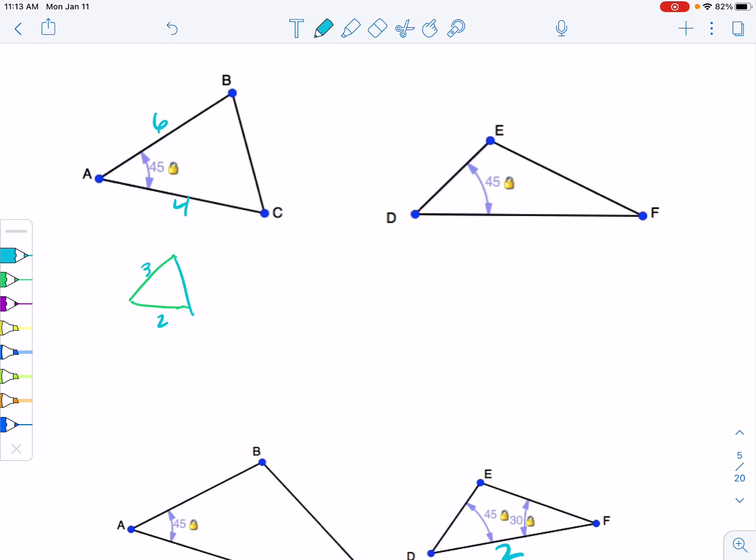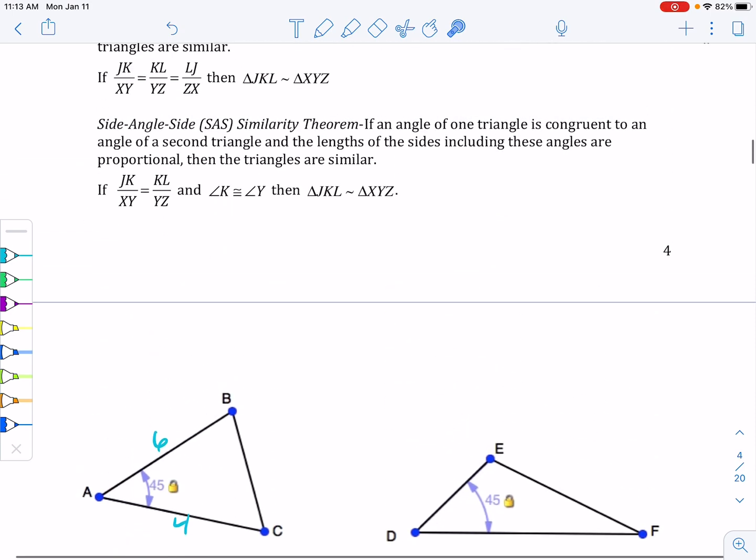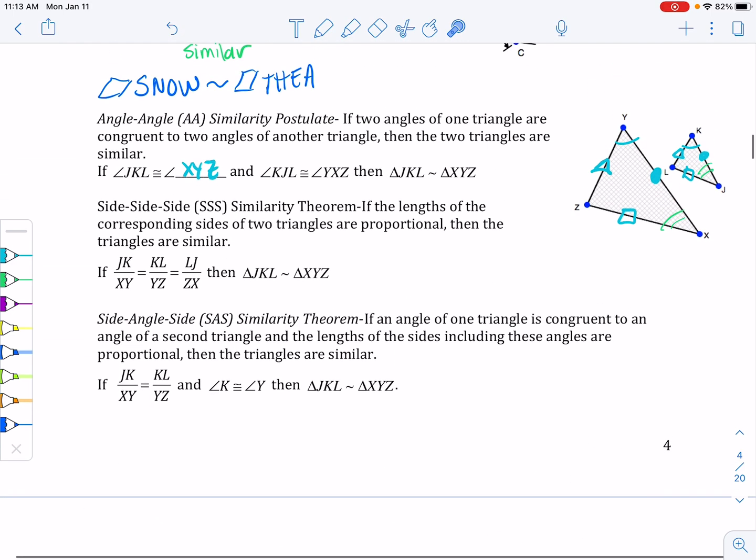Then I'll create a triangle that looks similar to this one where the sides are matching to be proportional, and then you've got an angle in between them that is the same. That will force it to be the same shape but a different size. So same kind of thing that you have here, you only have 2 of the 3 proportions. It's important to note that on side angle side it's your angle in between the 2 sides that has to be there.